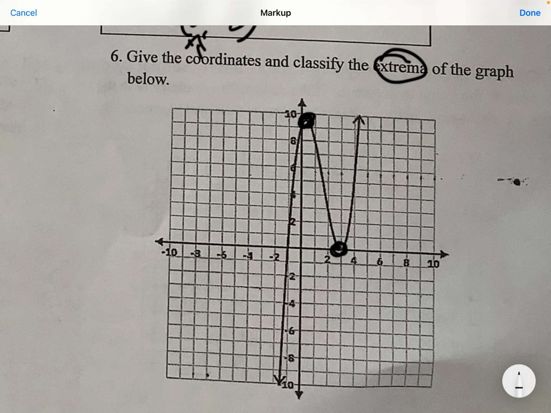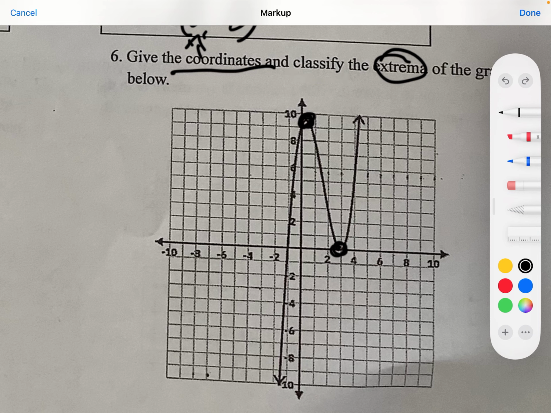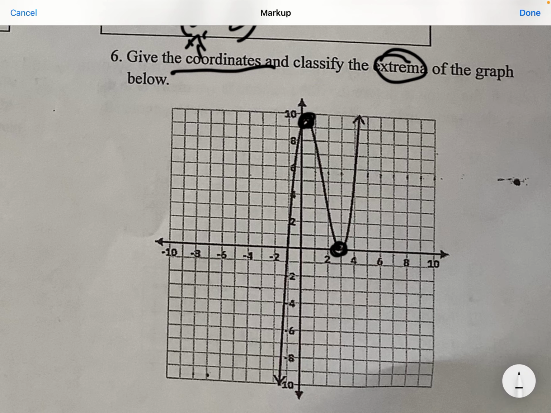And here we go. We just find the coordinates and classify, meaning is it a relative or absolute. So the coordinates are, in this one, we estimate, looking down here, it looks to me like it's around 0.2 or so, but it could be many different things.